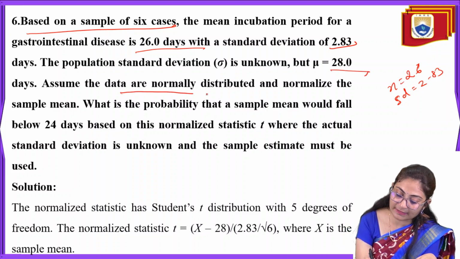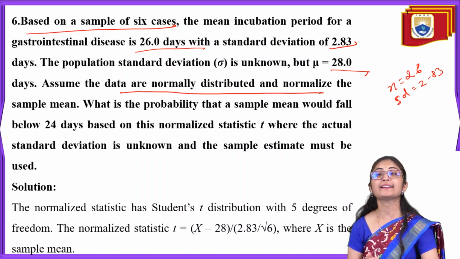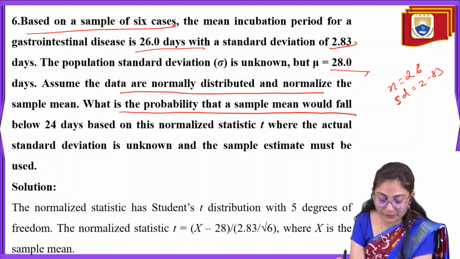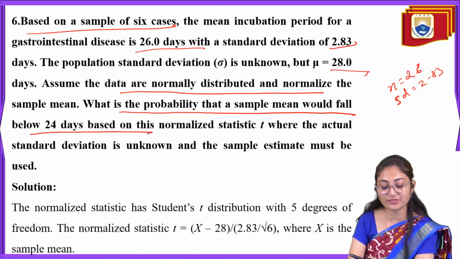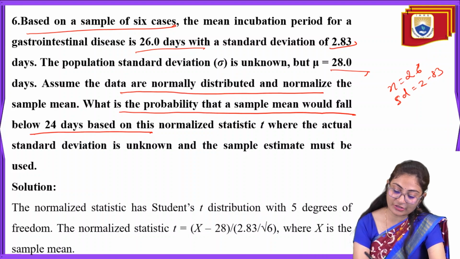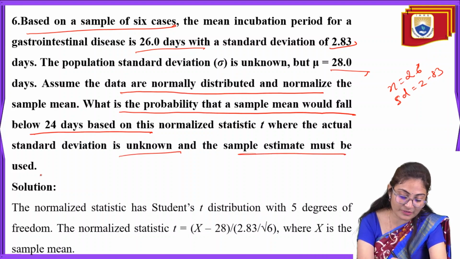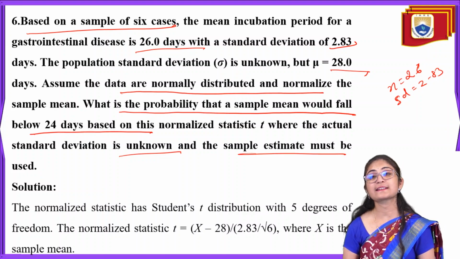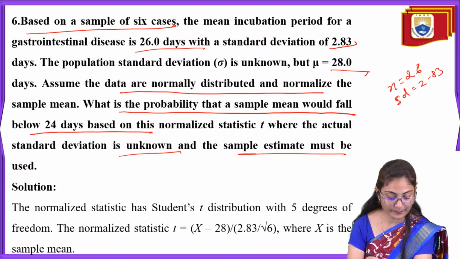Assume that the data are normally distributed and normalize the sample mean. What is the probability that the sample mean would fall below 24 days, based on this normalized statistic T, where the actual standard deviation is unknown and the sample estimate must be used? The normalized statistic has a Student's distribution with 5 degrees of freedom.